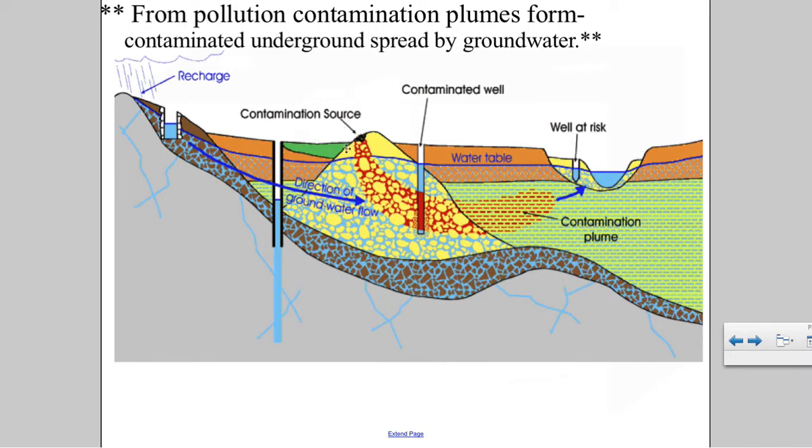This will be your contamination source. This is where it will percolate and then infiltrate, get right directly into the groundwater. Remember, our recharge zone is where the rain comes in, infiltrates, percolates, creates our aquifer. That water flows right into the area that's contaminated.